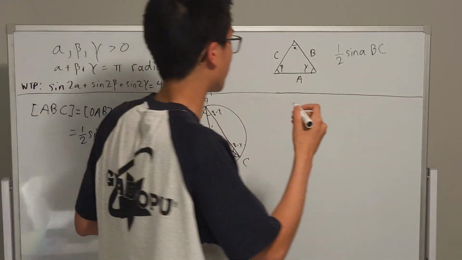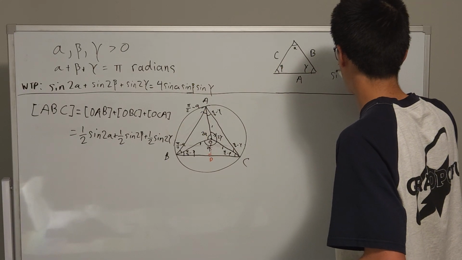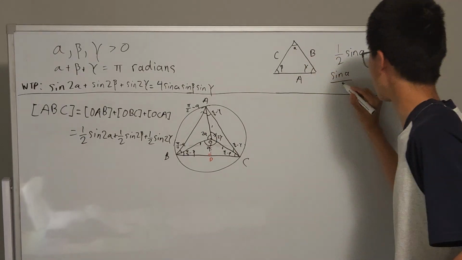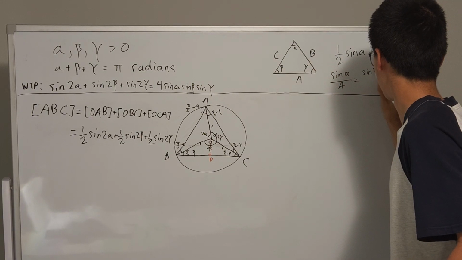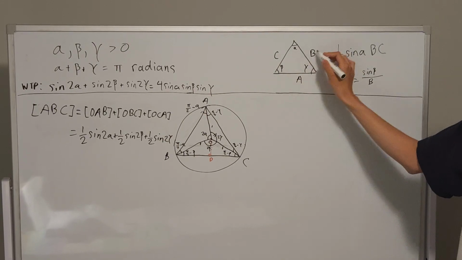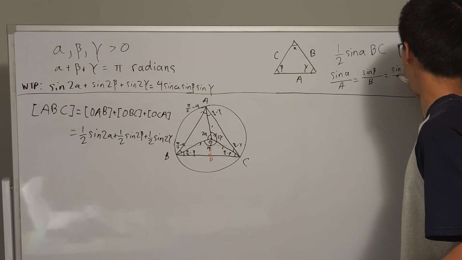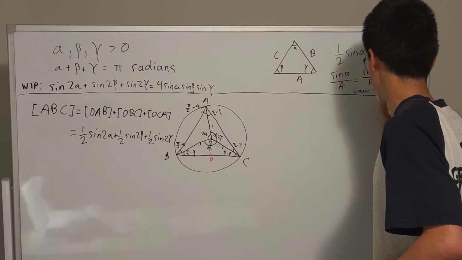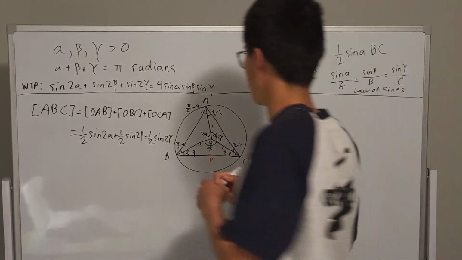Basically what this formula states is that sine alpha over the opposite side, which will be capital A, equals sine beta over B, because capital B is opposite to this beta angle, equals sine gamma over C. So this right here is called the law of sines. And we will be using that right here.